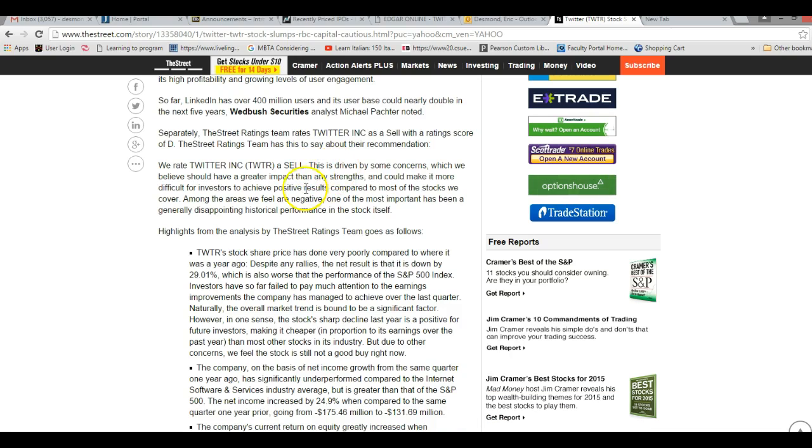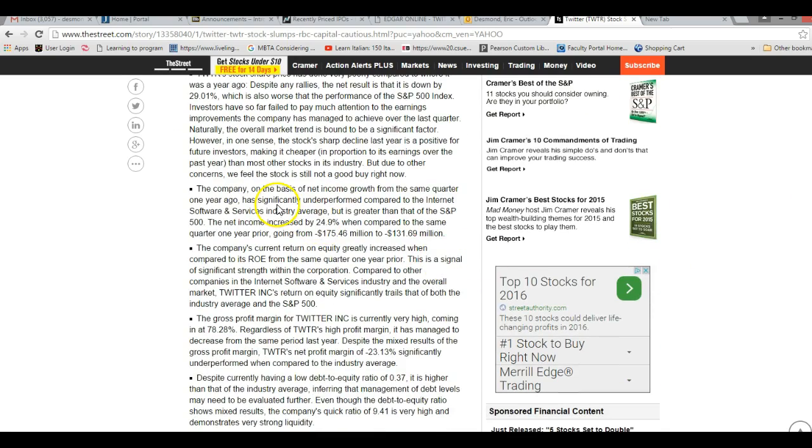So if you read this right here, it's down 29%. And here it is. Here are some fundamentals. The company, on the basis of net income growth for the same quarter, has significantly underperformed.